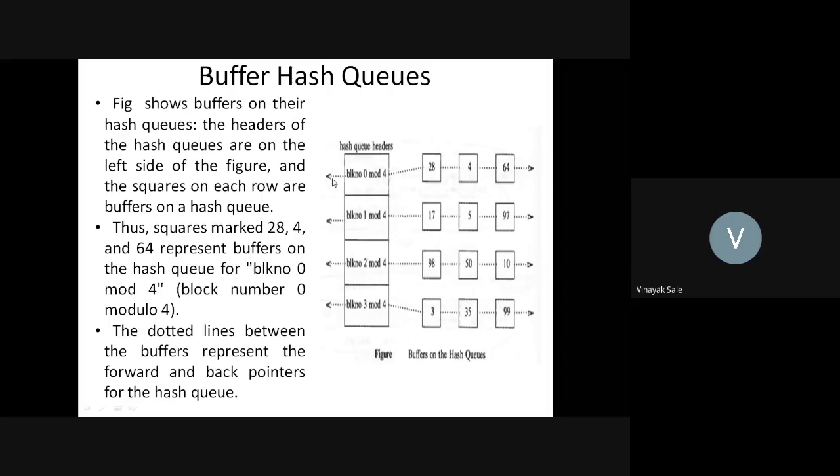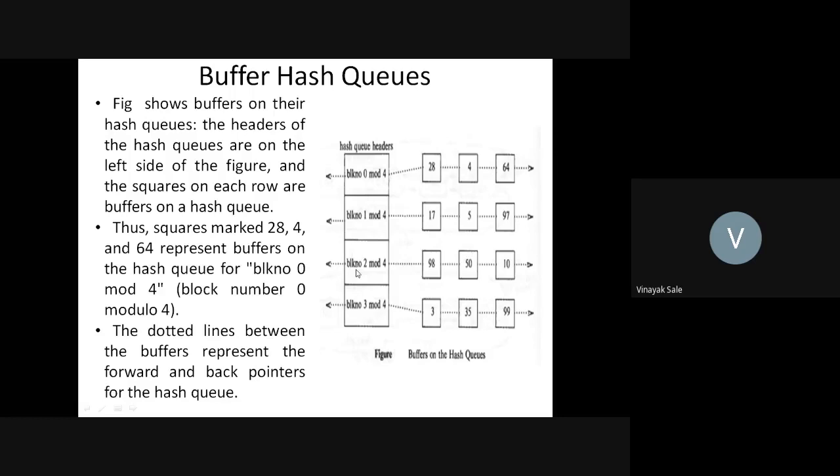This is a circular hash queue. This block 0 queue contains buffer numbers 28, 4, 64 and so on. Similarly, this is the second hash queue, block 1, containing buffer number 17, buffer number 5, buffer number 97.